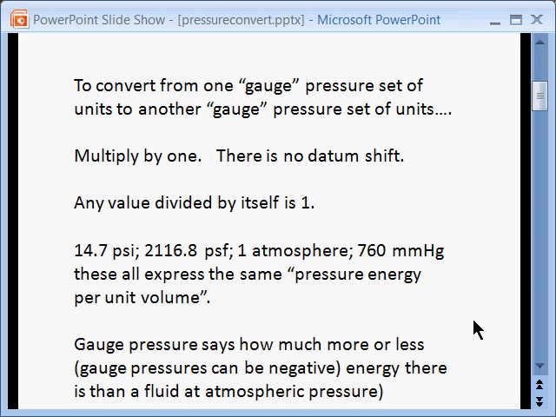But in gauge pressures, you can know whether something is a vacuum if it has a negative pressure. Okay, and what does a gauge pressure express? It's how much more or less energy per volume there is than a fluid at atmospheric pressure.